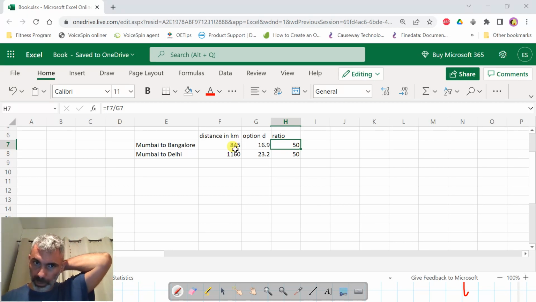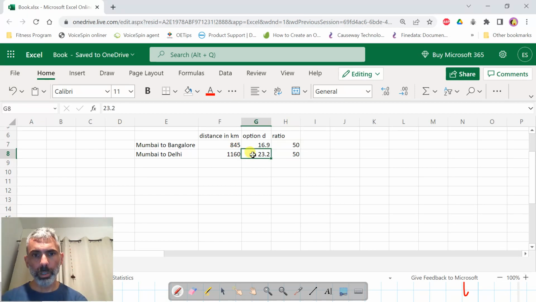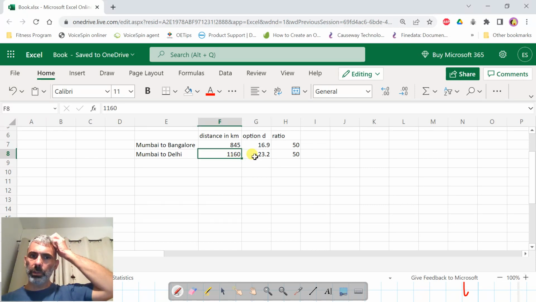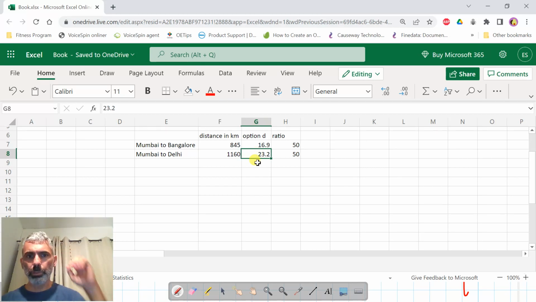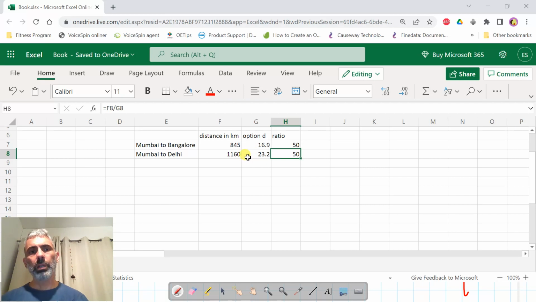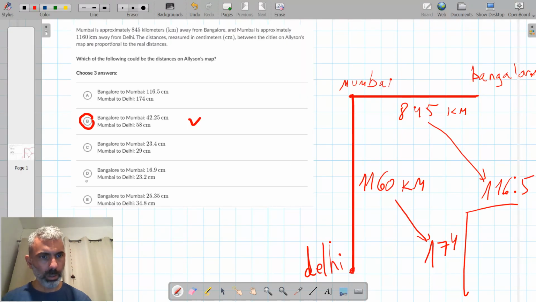And when I divide 1,160 kilometers by 23.2, I get 50, which means that every 1 centimeter on the map represents 50 kilometers in real life. So the ratio is the same, so option D is good.